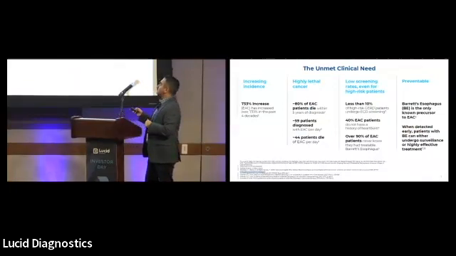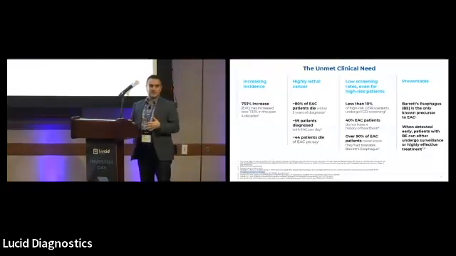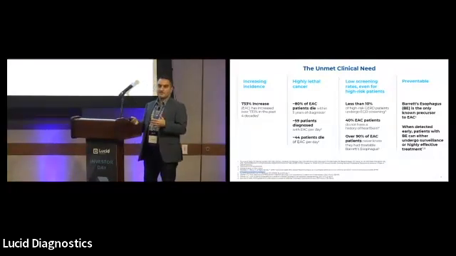Some more statistics before we start talking about the test. So we know the 733% increase. These are the reasons why, as I explained, this is happening. We're not screening patients. We're not identifying them. We don't understand the risk factors. And more importantly, we didn't have the tools to really screen them in a minimally invasive way. As Dr. Woodworth explained to you, this is a very bad outcome.